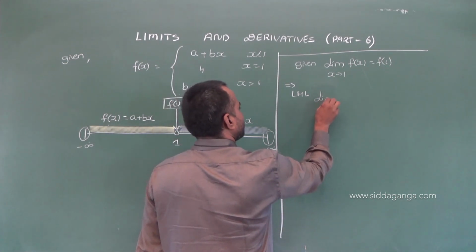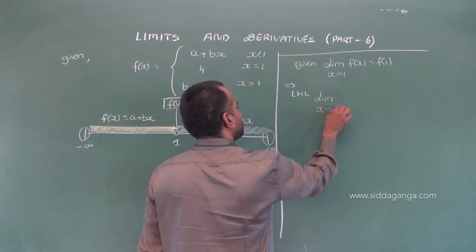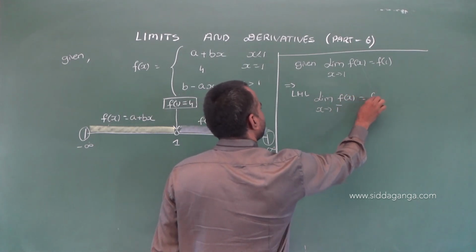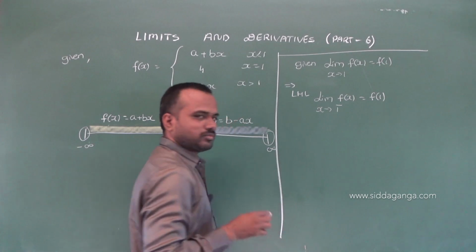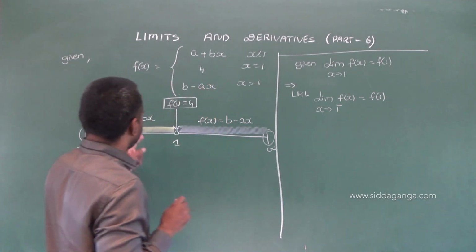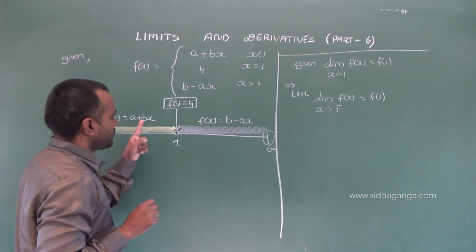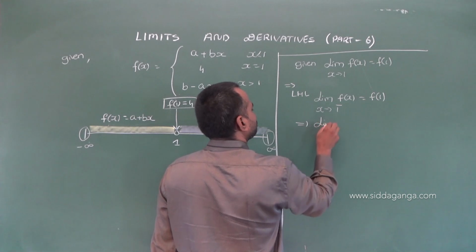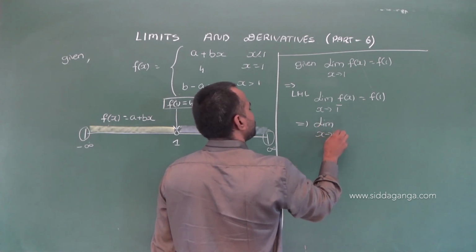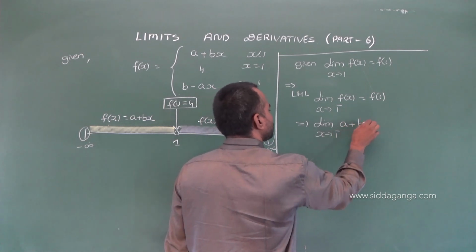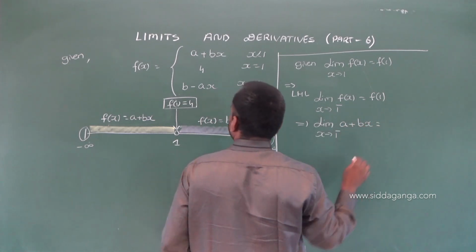I write like this: limit x tends to 1 minus f of x is equal to f of 1. The 1 minus means left hand limit, so we use the function a plus bx. Limit x tends to 1 minus of a plus bx is equal to f of 1.